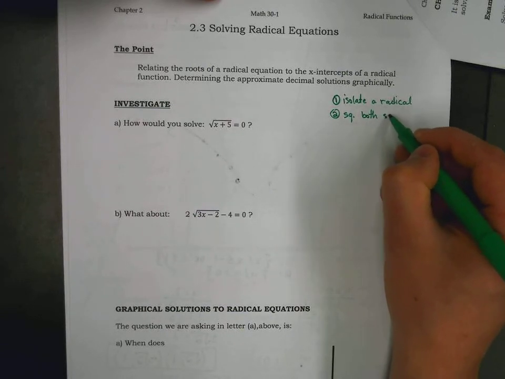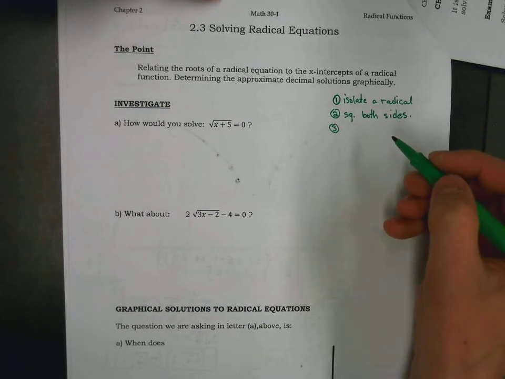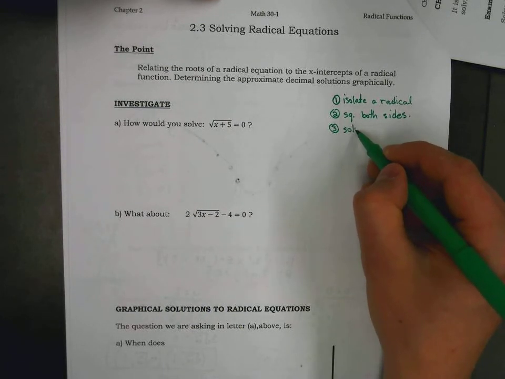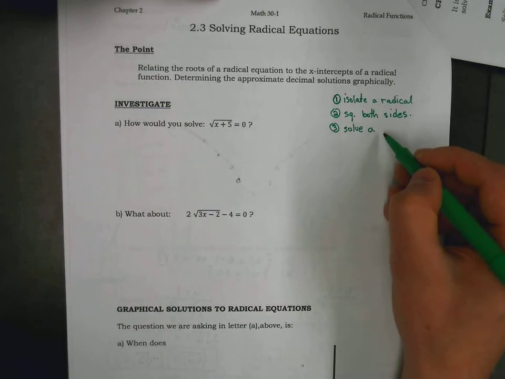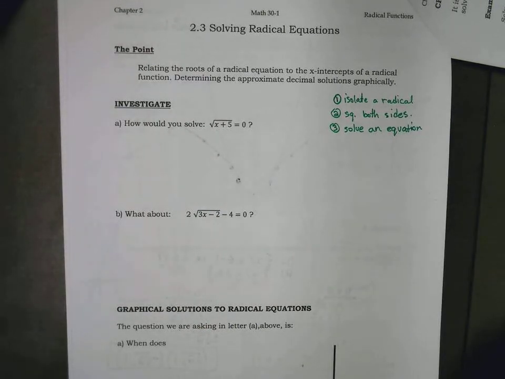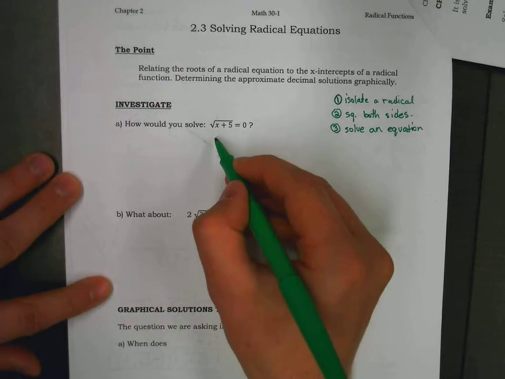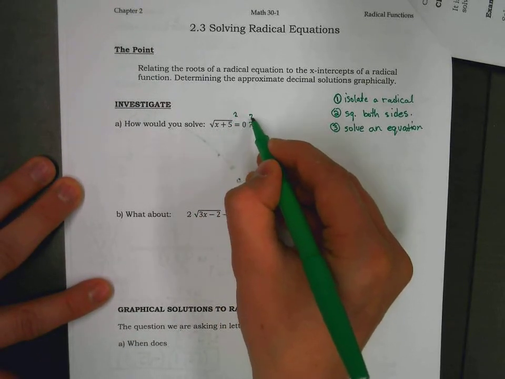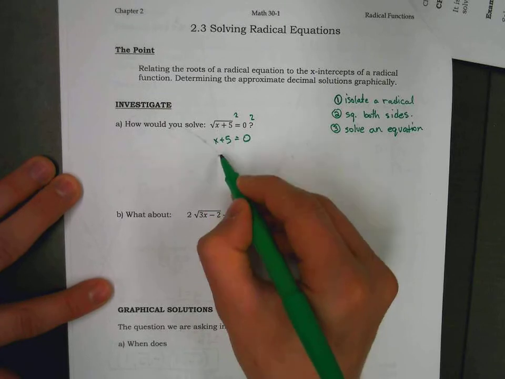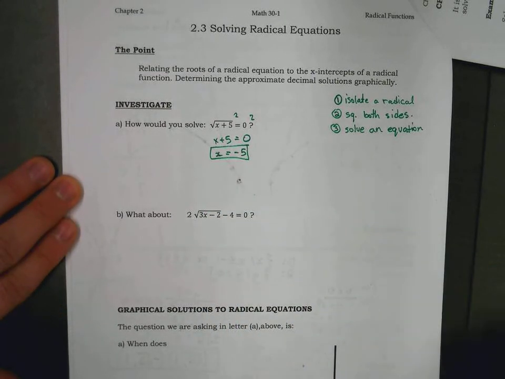What this would do is cancel out the radical, and then you're not dealing with a radical equation, and you'd be left with a quadratic or a linear equation, and you'd basically solve whatever type of equation you have. So that could be linear, that could be quadratic, and it could be messy. So isolate a radical, done. Square both sides. Solve for x. We can subtract a 5 over, and that is what we get.